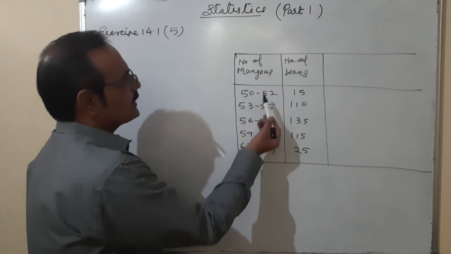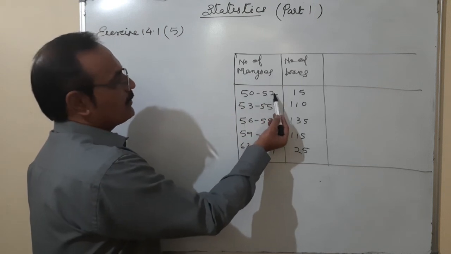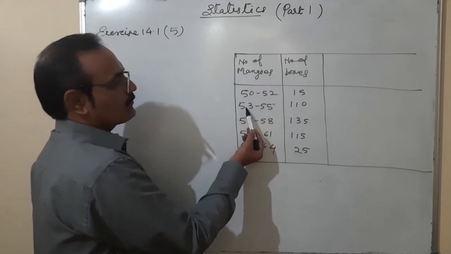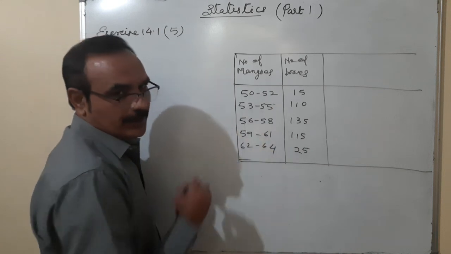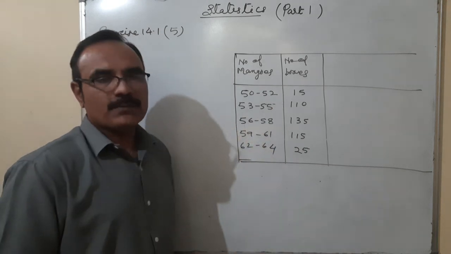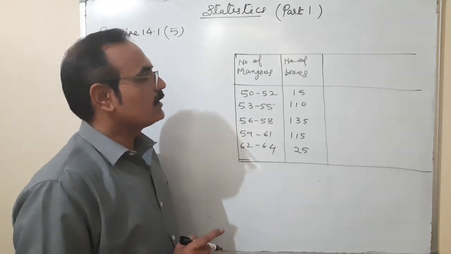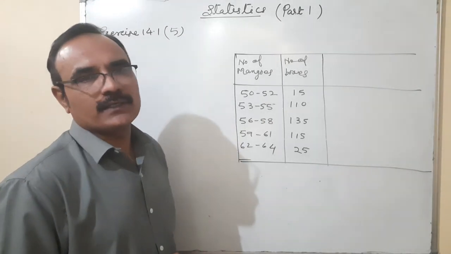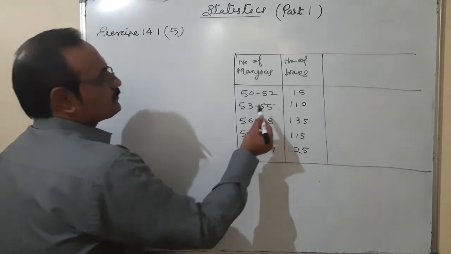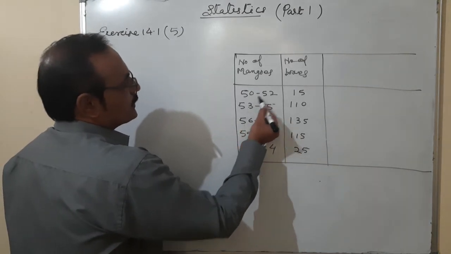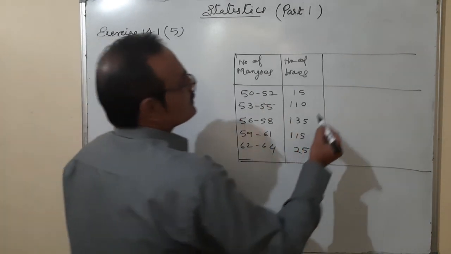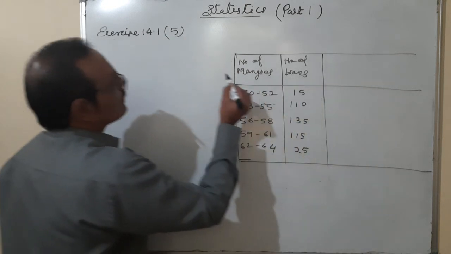But here you are seeing that 52 is the upper limit of the first, and the lower limit of the second is 53. They are not the same. So first we have to convert into the form of continued class interval.